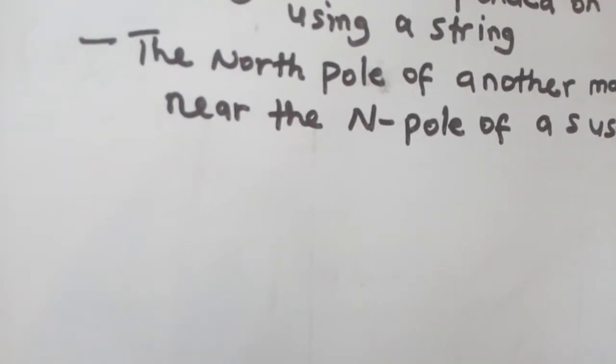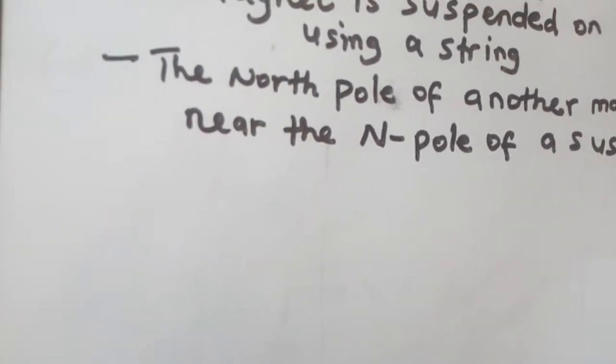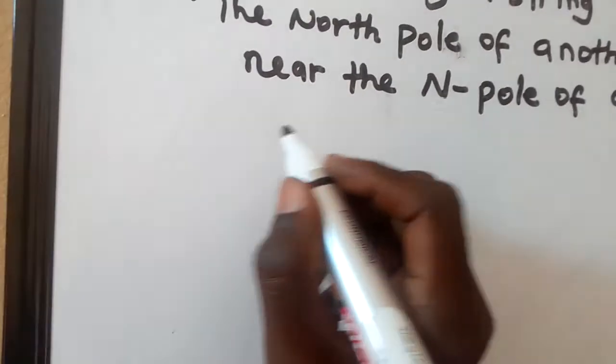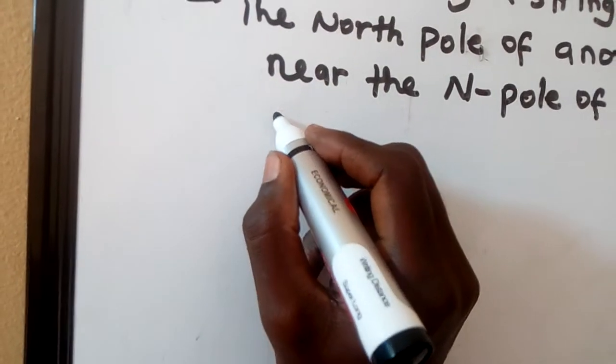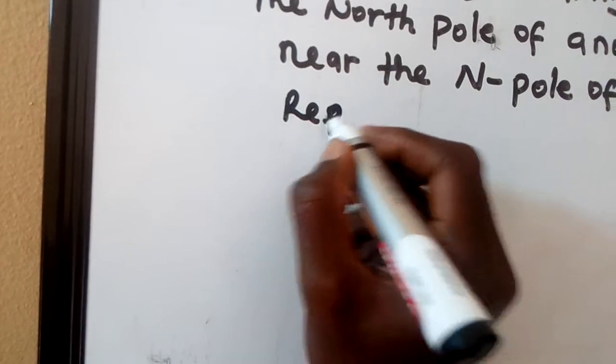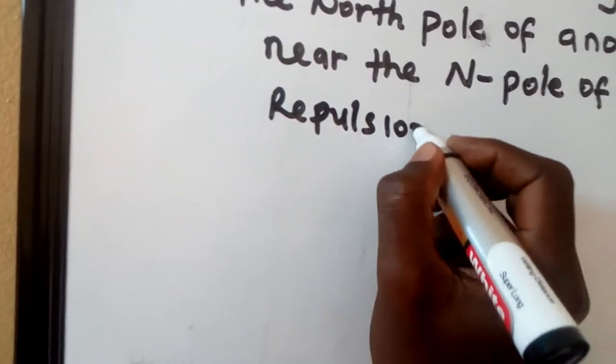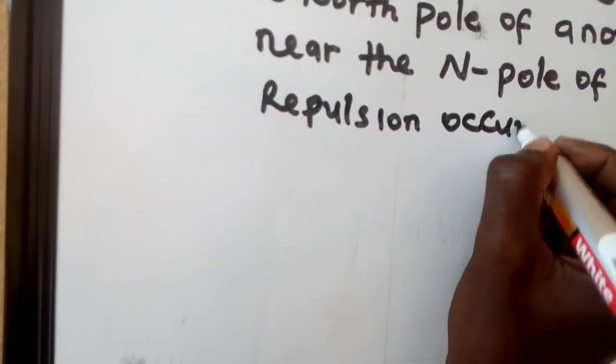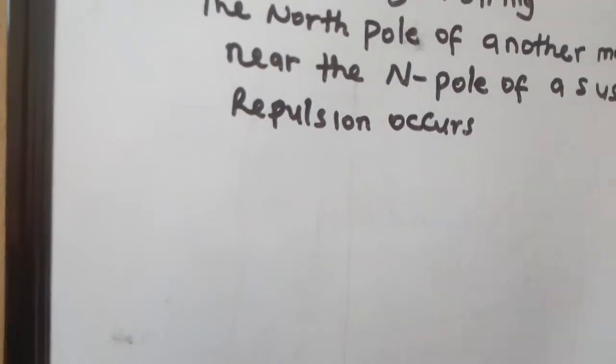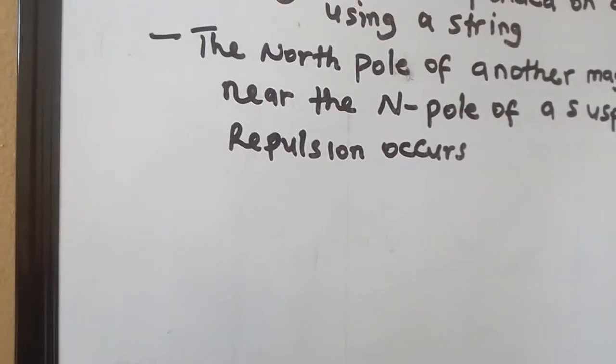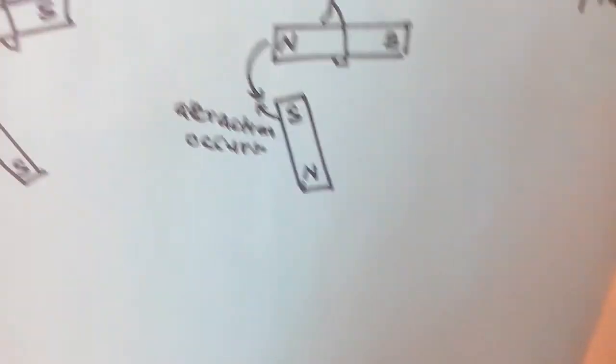Now what happens? You will tell us. When you do this, what happens? Repulsion occurs. Repulsion occurs. That is the first diagram.